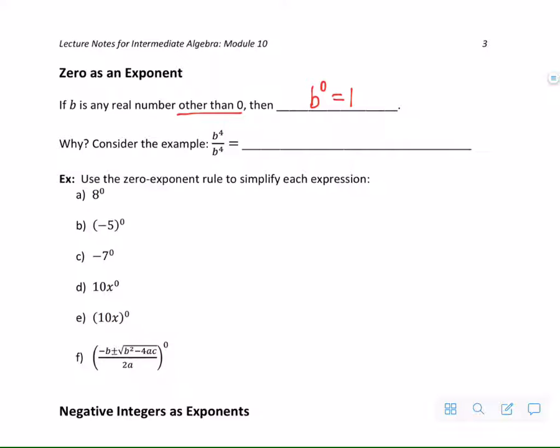So, why? Well, consider the example. That's b to the 4 minus 4, which is b to the 0. But we also know it's equal to 1, because you divide by itself.